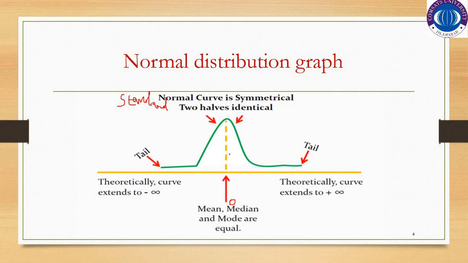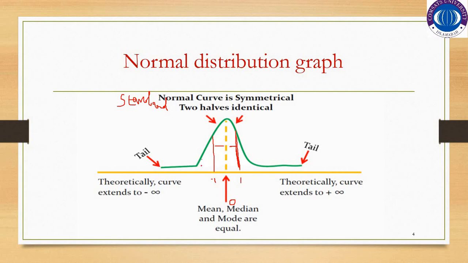If this is the point 1 and this is minus 1, we have moved one step further here and one step backward here, but both have the same area. If you recall, the normal curve is symmetric, 50% of the data is here and 50% is here. So this one and this one will have the same area.